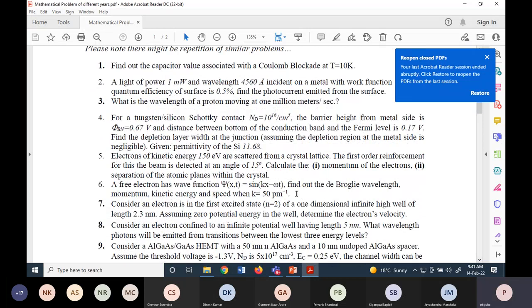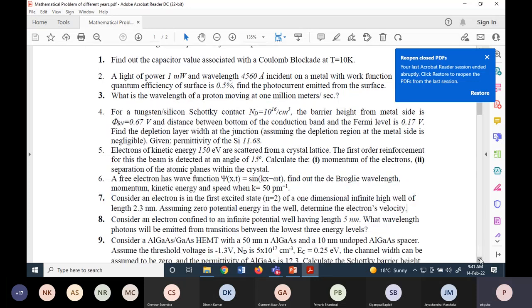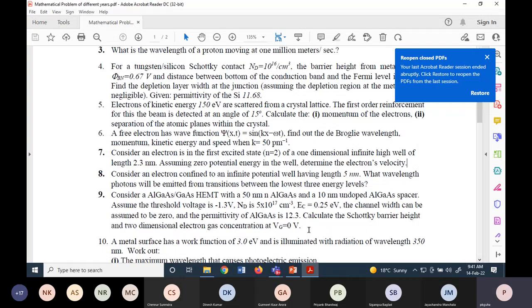This is again de Broglie wavelength. Using de Broglie wavelength, you try this again. This is the one which I am talking about now, the potential well, and so on. So these problems, you try them.